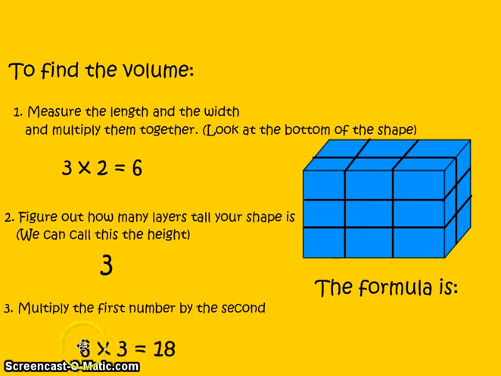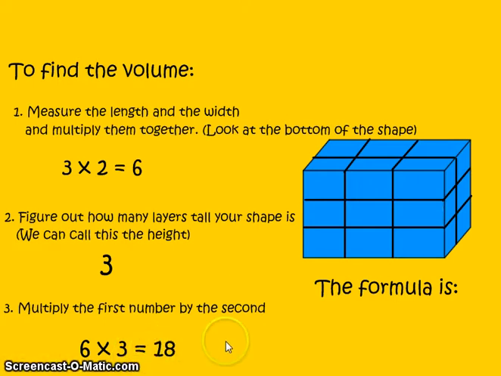I'm going to do 6 times 3 and get 18. This would be the volume of this shape, or the amount of space inside this shape. There are 18 blocks in this shape. On the very first layer, there are 6 blocks. On the second layer, there are 6 blocks, and on the third layer, there are 6 blocks. Add those 6's together and we get 18.